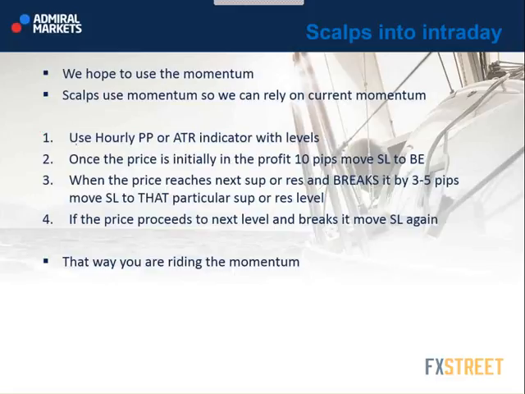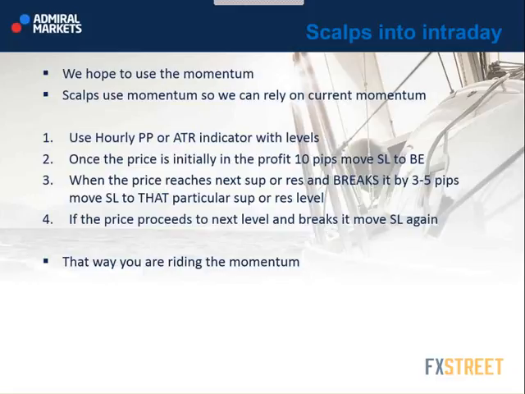So first rule, use the hourly pivot point or ATR indicator with levels. Once the price is initially in profit by 10 pips, then you don't take any profits, but you need to move your stop loss to break even. Okay?